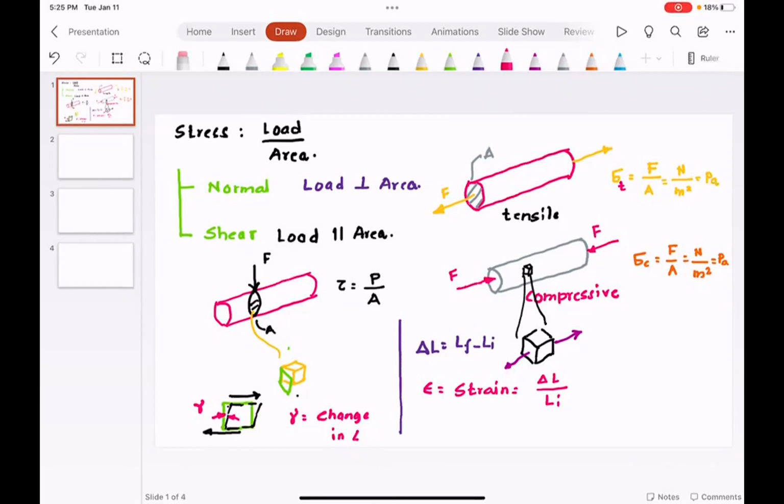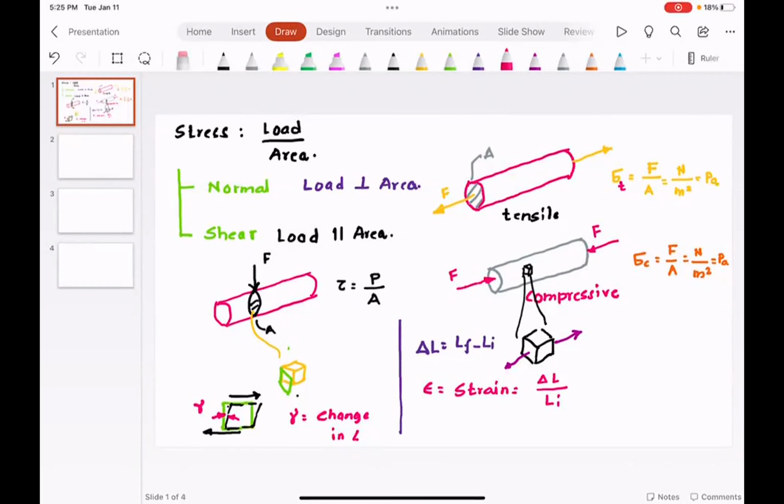That band or material undergoes plastic deformation, which means even if you let the load go, it doesn't go back to its original size. It stays deformed, maybe not as deformed as when you applied the load, but it's deformed. So it doesn't go back to its initial position.